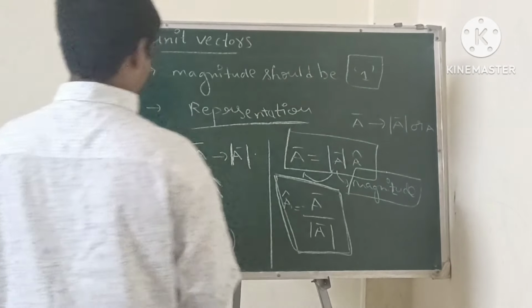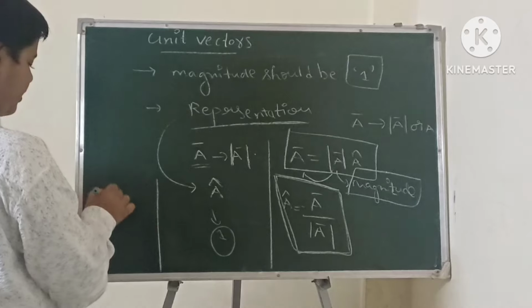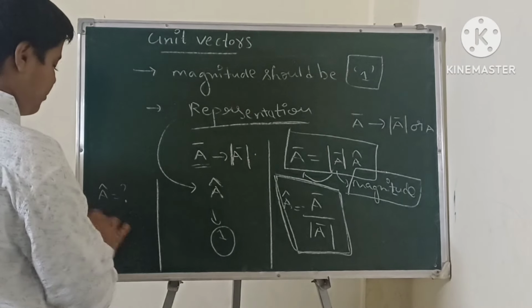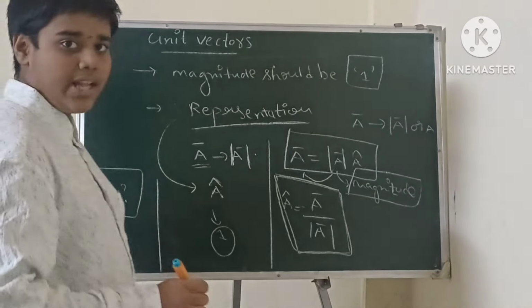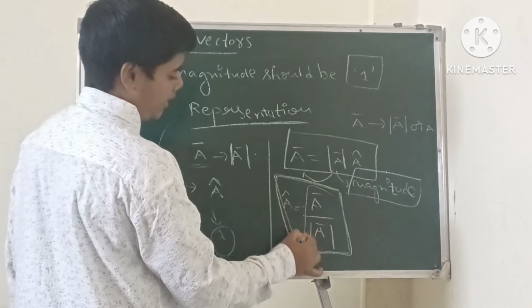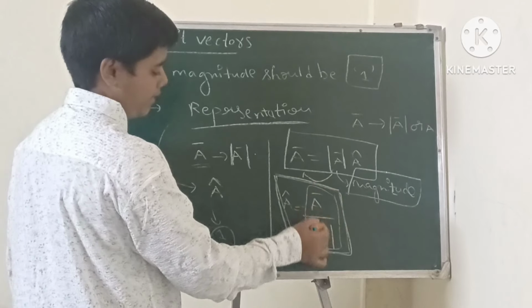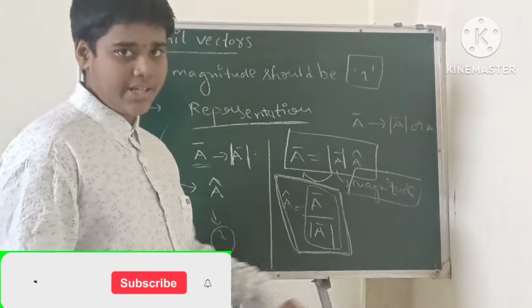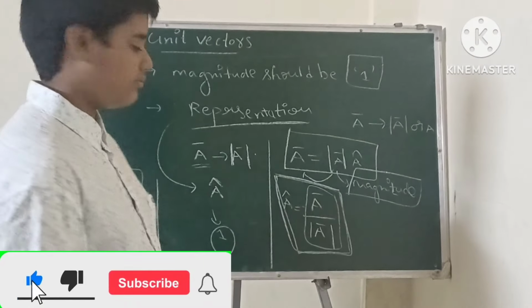In some questions they will ask, A cap equals what? What is the value of A cap? So we have to answer A bar by mod A bar, the vector divided by the vector's magnitude. Okay.